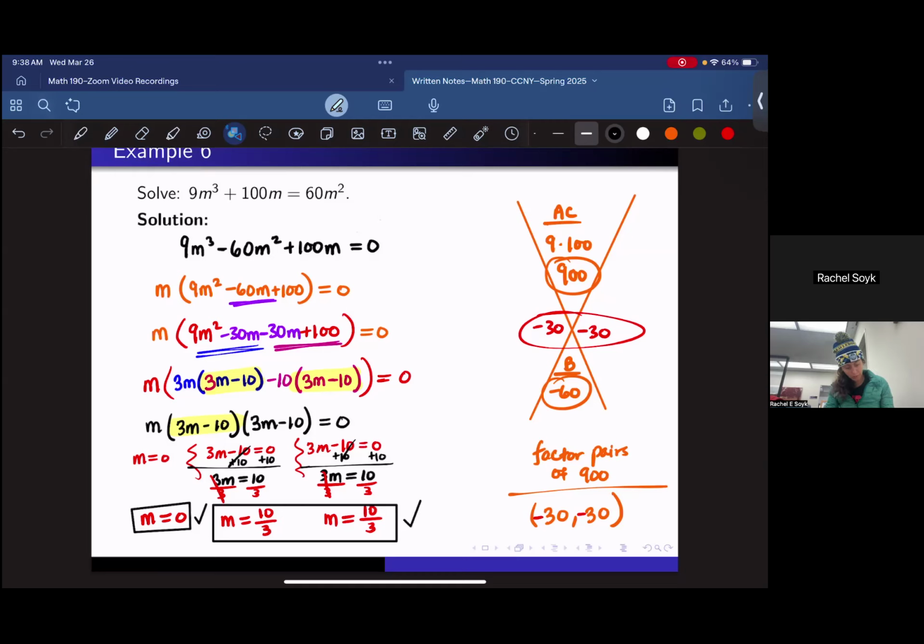And I'll even write up here, therefore, m is equal to 0 and 10 over 3 in parentheses with a multiplicity of 2.